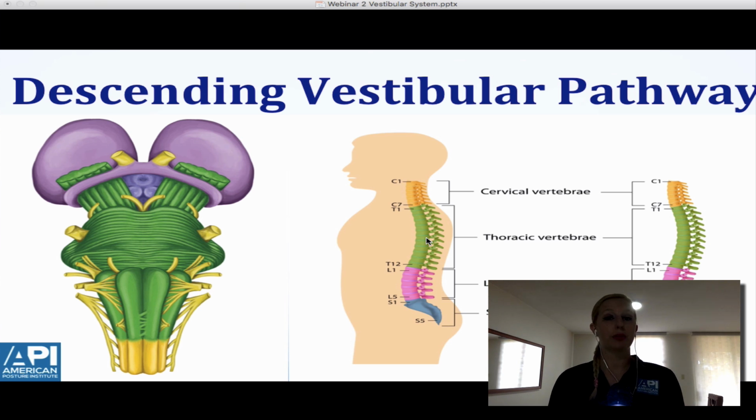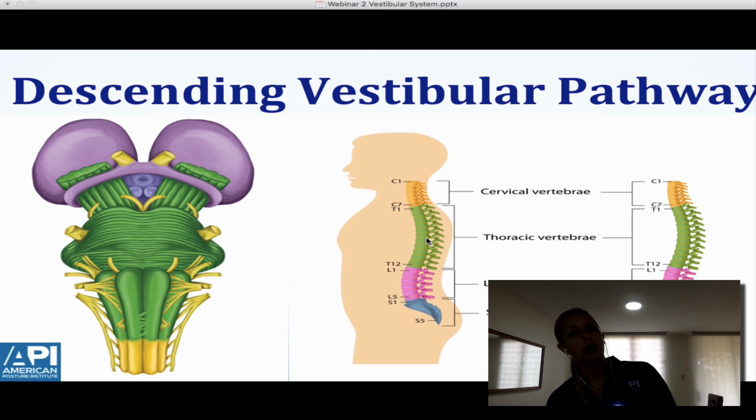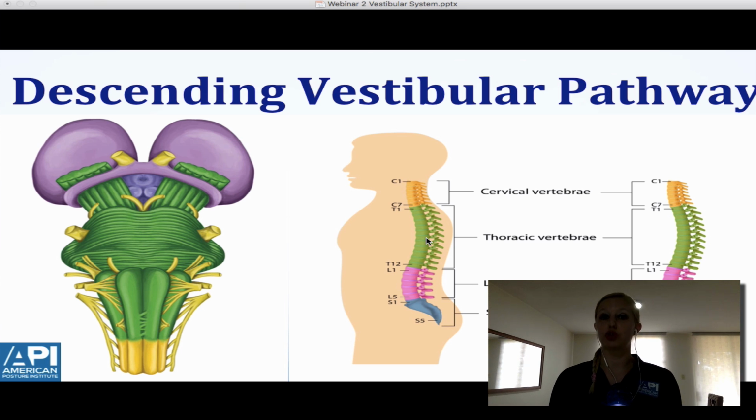Or for example, if your patient is sitting on a posture cushion or an exercise ball and they start to slouch, this stimulates their vestibular system to bring them upright into a centralized position, upright against gravity. That's the vestibulospinal pathway that stimulates upright extension of the posture system. How cool is that? The vestibular system is so important and valuable to our posture system.